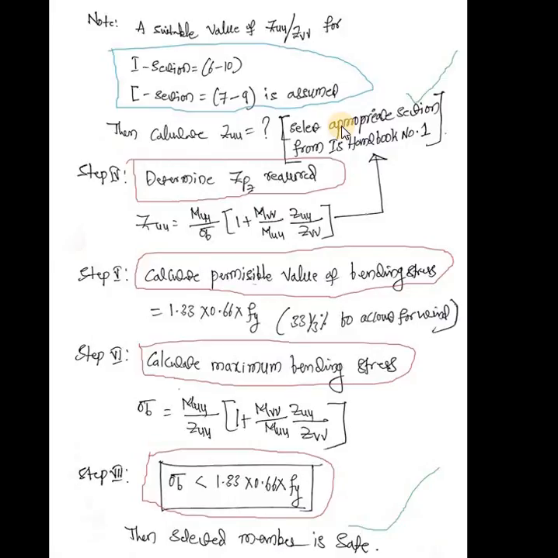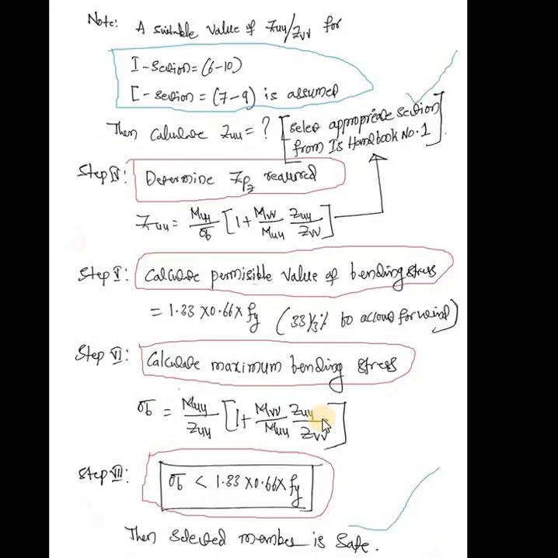After selection of the junior beam, channel section, I section or angle section, whatever the purlin is, we have to calculate sigma B again. This sigma B is equal to MUU by ZUU into 1 plus MVV by MUU into ZUU by ZVV. Finally you will get the sigma B value.